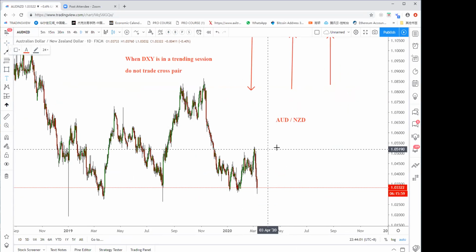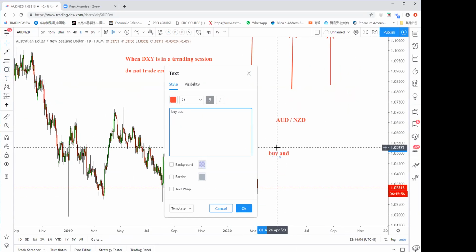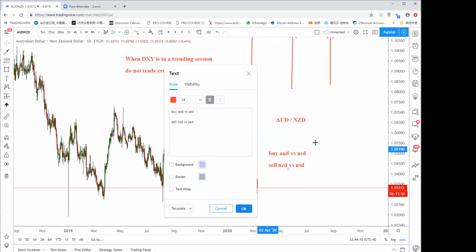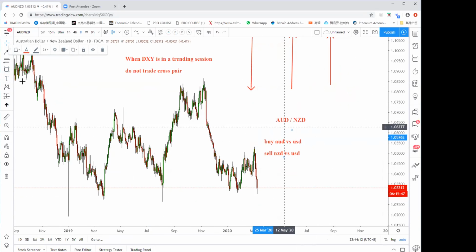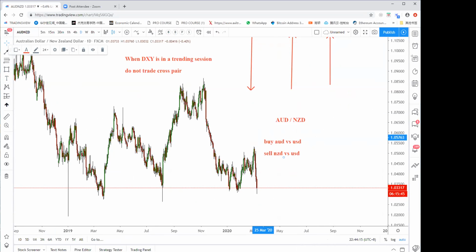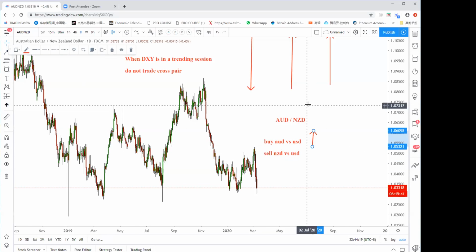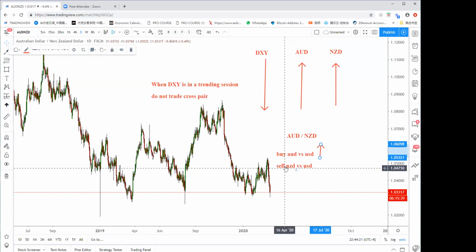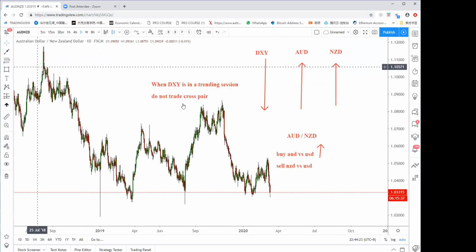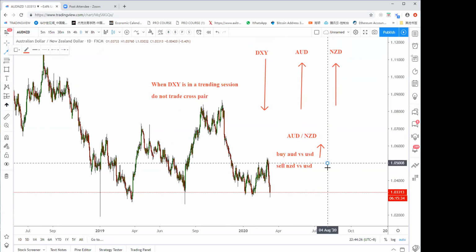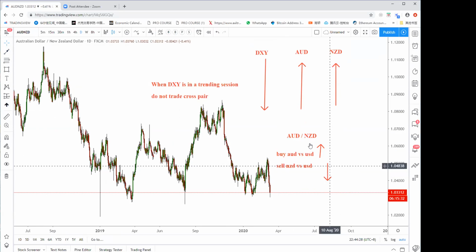You are buying Aussie versus dollar, and selling Kiwi versus dollar. You are doing these two pairs at the same time. Your buy position on the Aussie will make some money. However, since the Kiwi is also going up, if you sell the Kiwi, this trade is actually losing money. So your trades are canceling each other, which means Aussie versus Kiwi is no good to trade right now.